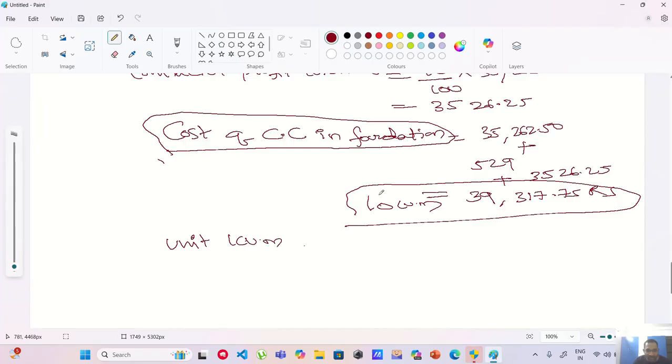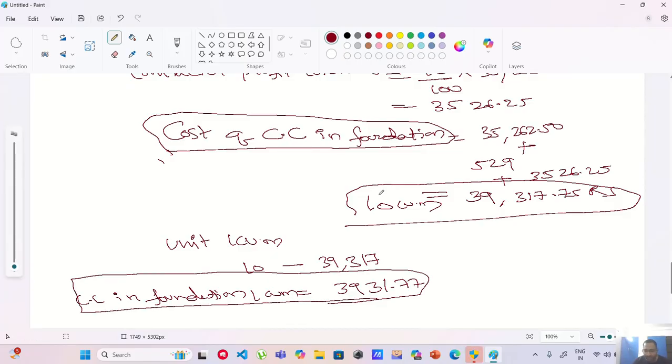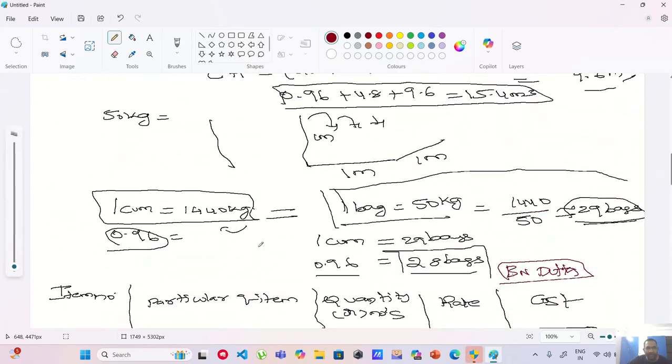So for 10 cubic meter it is 39,317 rupees, but for 1 cubic meter, by cross multiplication, you will get 3,931.77 rupees. So for constructing cement concrete in foundation, the rate for 1 cubic meter is 3,931 rupees. This is the calculation of rate analysis in cement concrete.